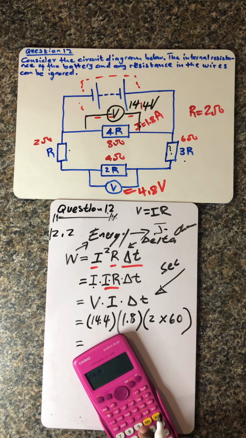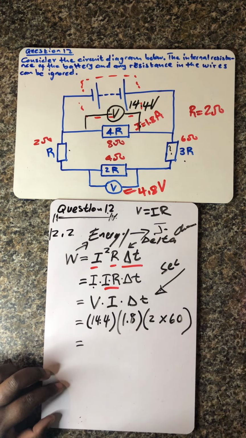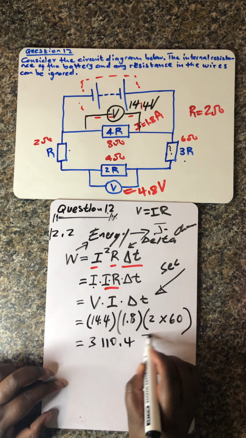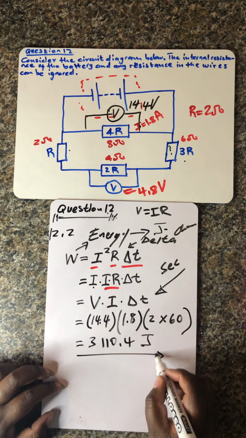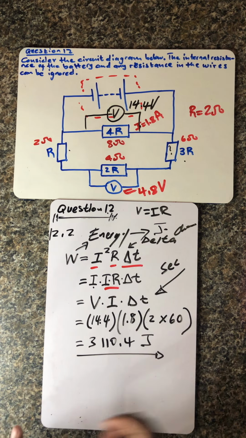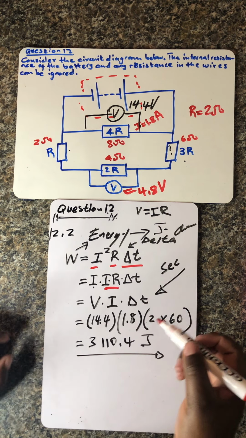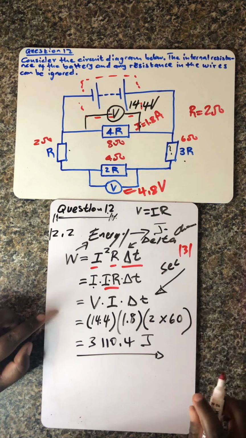You've got 14.4 times 1.8 times, obviously, 120. It equals 3110.4 joules. Very important: energy is measured in joules. So this was allocated 3 marks.